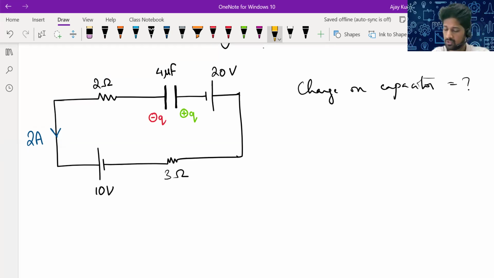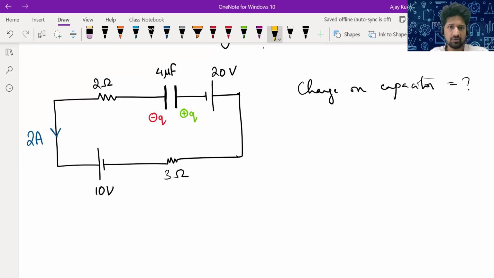Now what I want you all to do is apply KVL to this loop, because it's not a case of a single cell directly connected across the capacitor. There are two cells. And also, this is the capacitor which is getting discharged as we have considered. Even if you didn't know whether it is getting charged or discharged, you can apply KVL to get the answer. I'm just telling you why you cannot directly tell in this case.